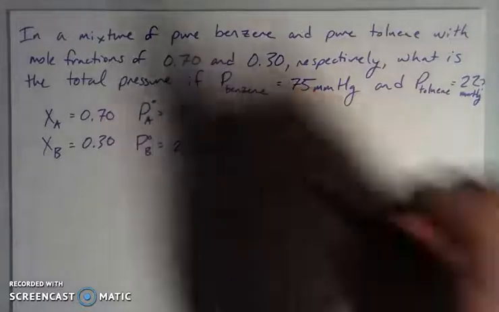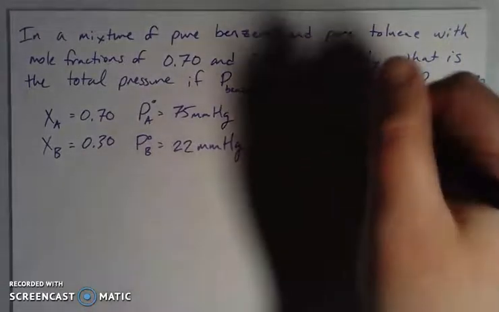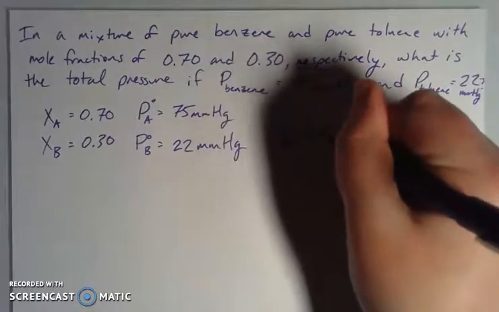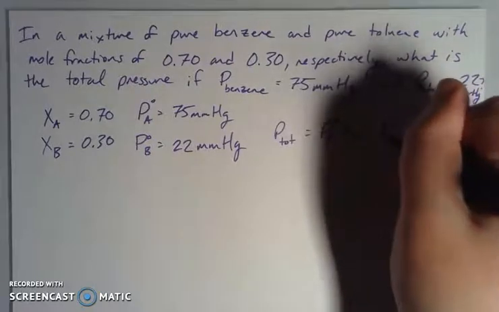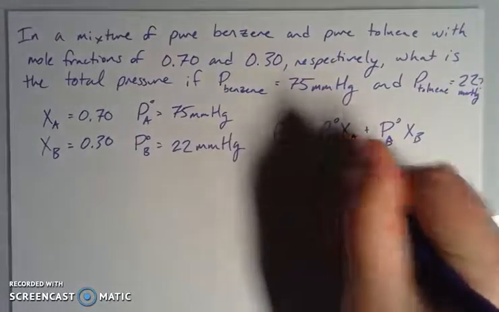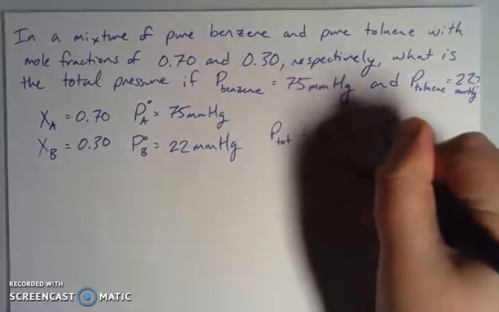Again, we're in millimeters of mercury here just because that's what we're given. And then if we plug and chug in our new Dalton's law, Raoult's law hybrid here, we end up with a total pressure of 59 millimeters of mercury.